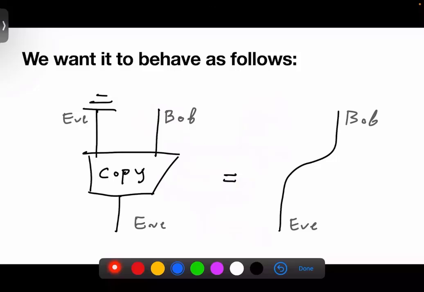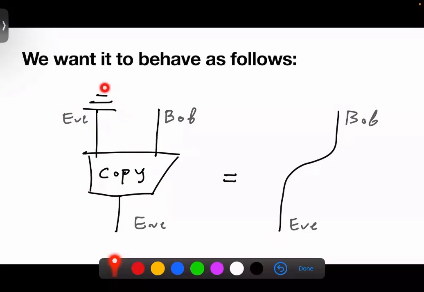So how do we want such a copy box to behave? If you remember from previous lectures, we defined this discarding box. I'm probably going to be just referring to it as discarding. What this discarding does is whatever you gave it, it's going to forget about it. So if Eve copied this information and then forgot about it, it should just be the identity towards Bob.